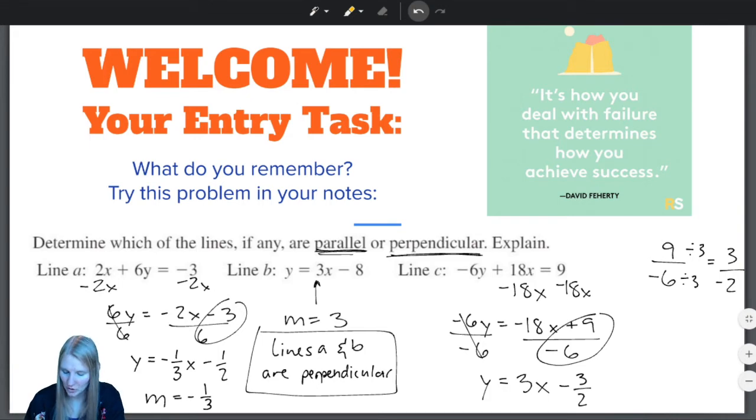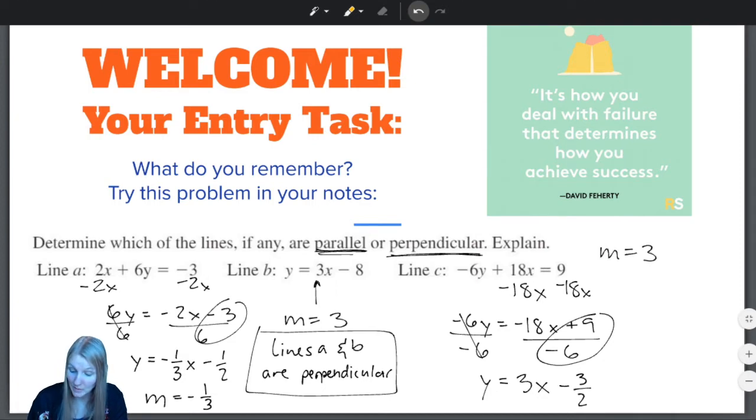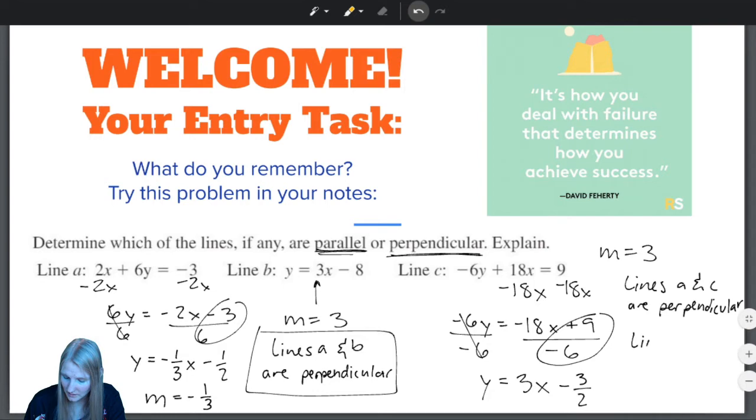Okay, which means that for line C, we have a slope of 3, which means lines A and C are perpendicular, and lines B and C are parallel.